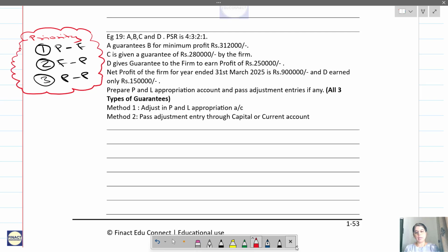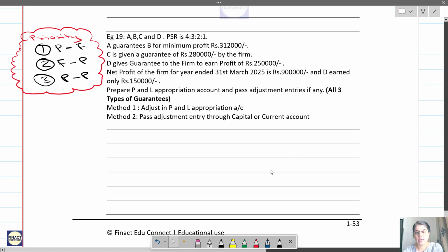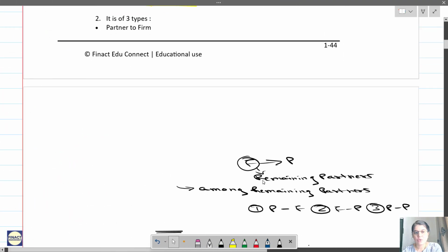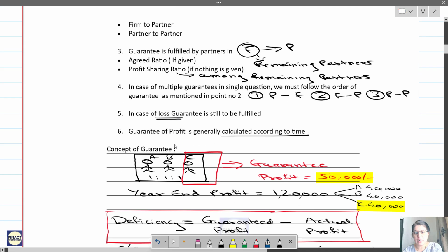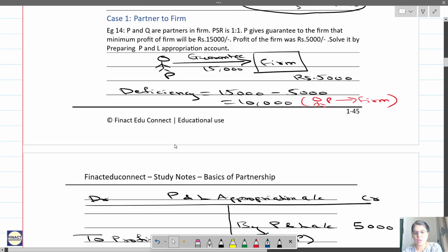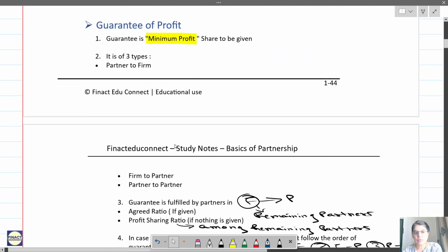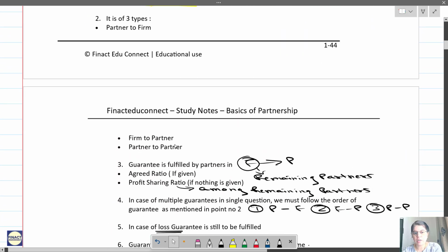We have already covered this when we wrote those guarantee points. Let us just go there and revise it once. So see here, three types: partner to firm, firm to partner, and partner to partner. We have solved those examples, 14, 15 and 16, correct.